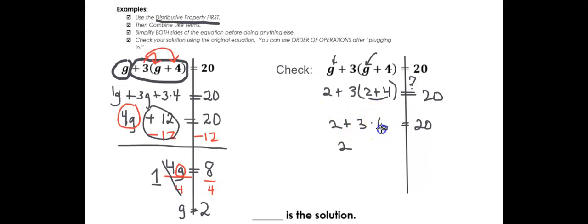It's working ahead in my brain, I guess, because there's the 18. So I got 3 times 6 is 18. And I'm funneling down some more, and then I get 20 equals 20. It worked. So my solution that worked for this equation is 2.